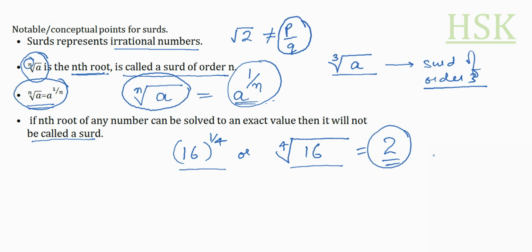So this will not be a surd. On the other hand, the 4th root of 17, that is 17 to the power of 1 by 4, is a surd because it cannot be solved to an exact value. So these are the points which I want you to remember about surds.